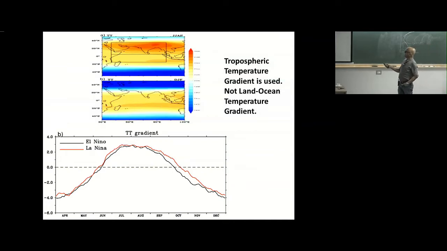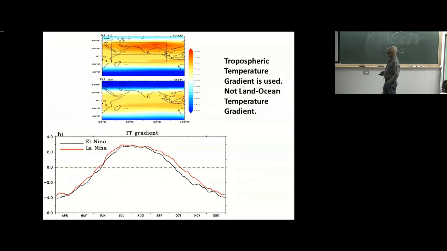And that gradient, there are other indicators of moisture supply, moisture transport, and so on. Nonetheless, if you look at the temperature gradient, the northern box minus the southern box, which is randomly defined based on some things which we are just showing, that is actually maybe a little bit wrong.